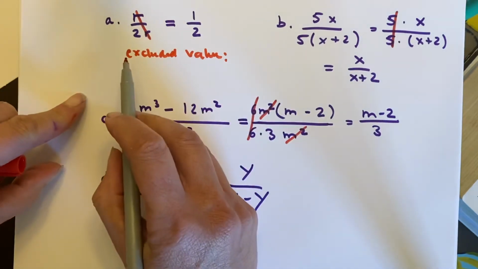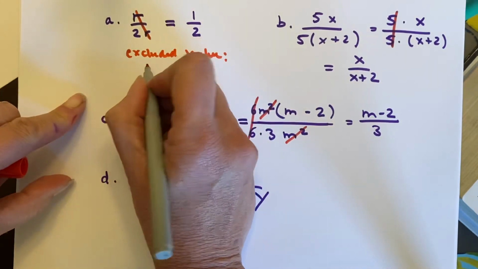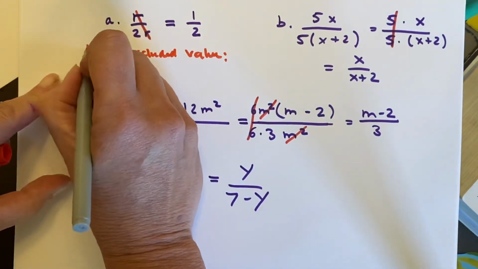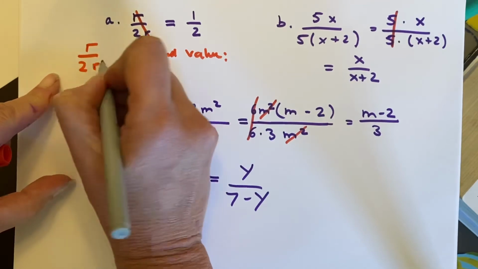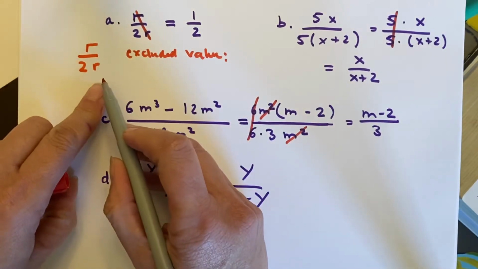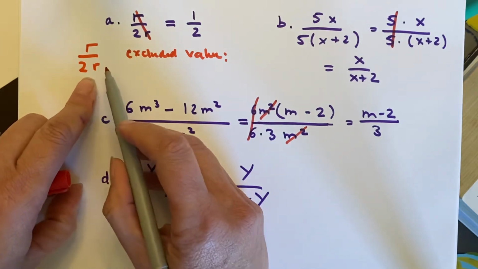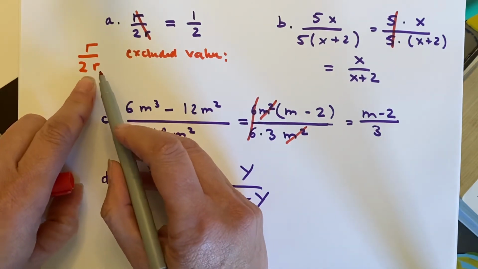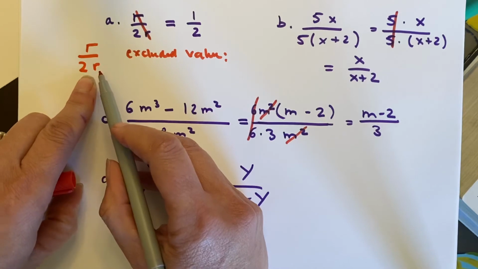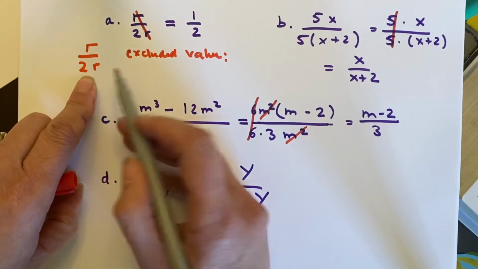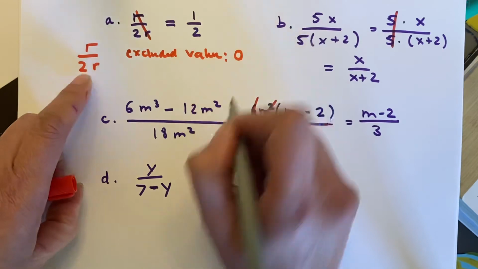To find the excluded value, I have to look at the expression as it was at the beginning, in other words, r over 2r. And I ask myself, what value of r is going to give me a denominator of 0? Well, that's just 0, right? 2 times 0 is 0, so the excluded value is 0.